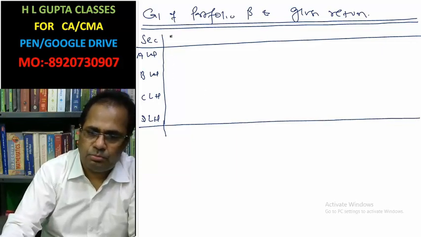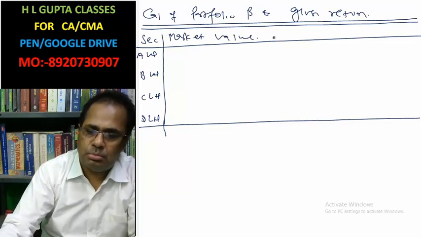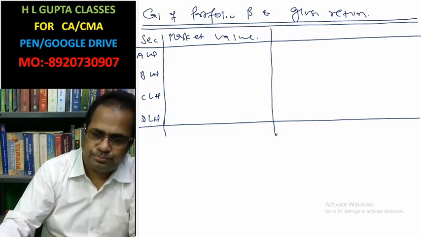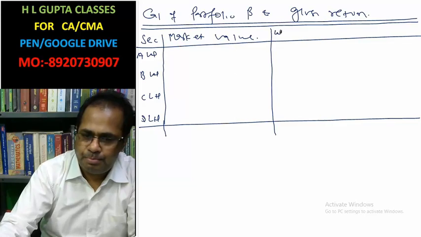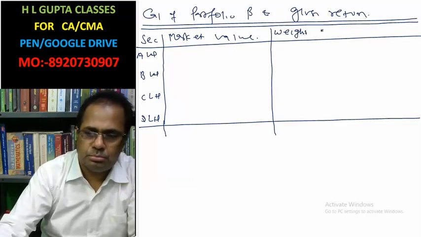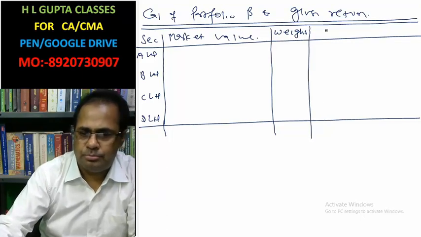First the market value. After the market value, you have to calculate the weight, and thereafter you have to calculate the return.